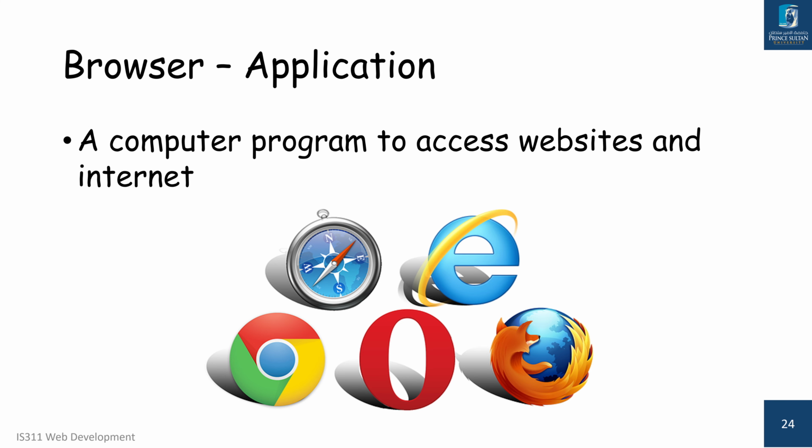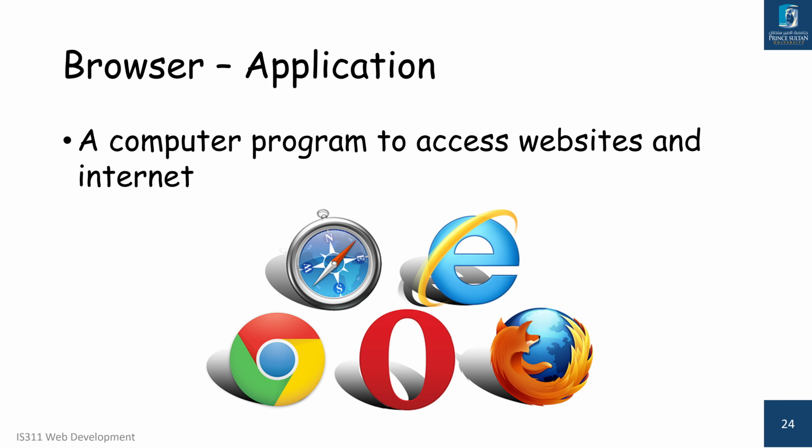And of course, the browser, where we can see the websites that we are going to design in this course. There are hundreds of browsers that exist. Mostly we will be using Chrome. We also have Firefox, and Safari on the Mac, and so on.